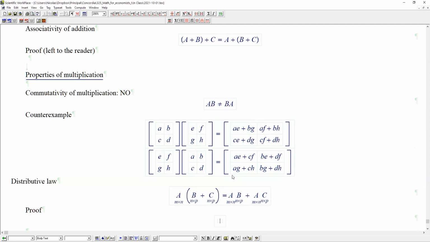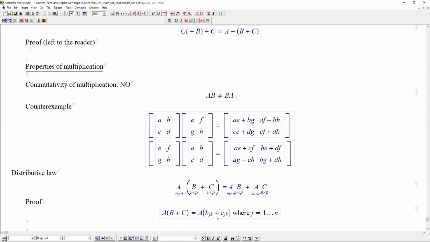So I get A times (B plus C) equals A times the matrix B_jk plus C_jk, where j equals 1 to n, and k equals 1 to p.